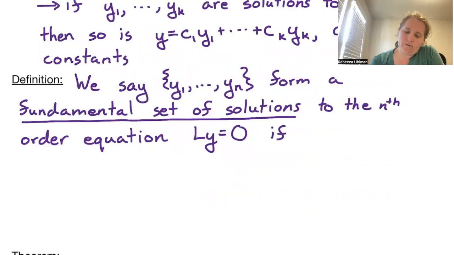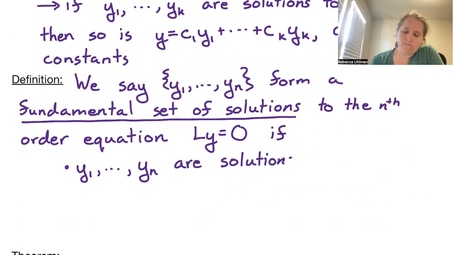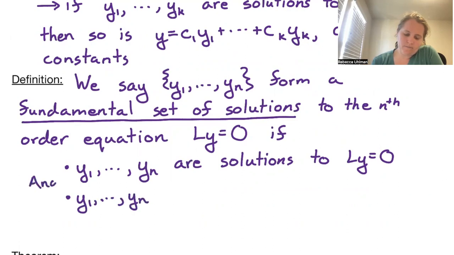So if, first up, y1 through yn are solutions to Ly equals 0, and second, y1 through yn span the solution set.